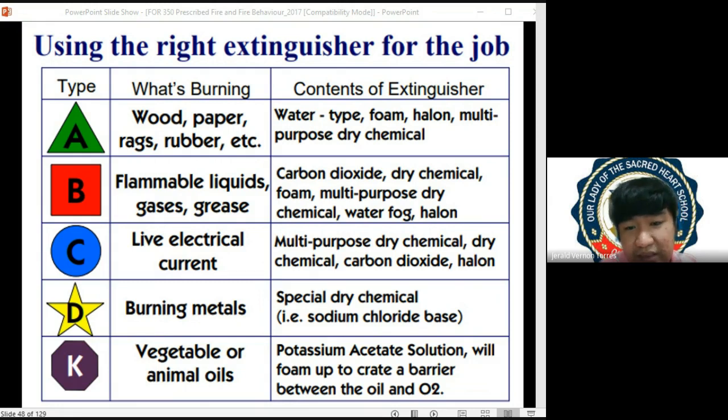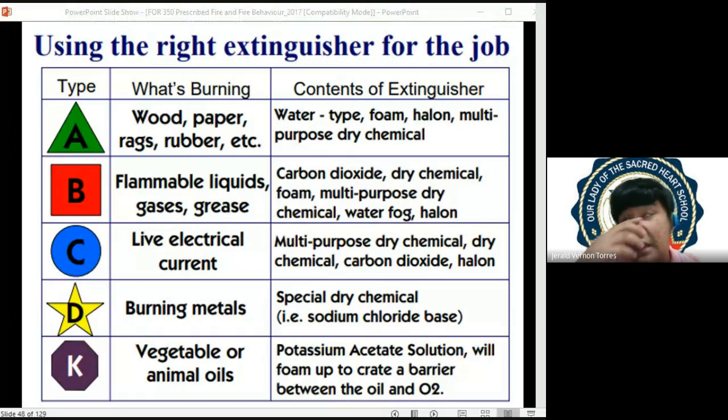Pag burning metal, meaning yung chemical reaction, may mga special extinguisher para dyan. And if it is due to kitchen fire, such as yung nag-burn due to vegetable or animal oil, gamit natin yung mga potassium acetate solution. This is due to the fact na edible yung mga gamit sa kitchen, and as much as possible, we avoid poisoning in the kitchen. That's why meron tayong mga specialized extinguisher for kitchen fire.